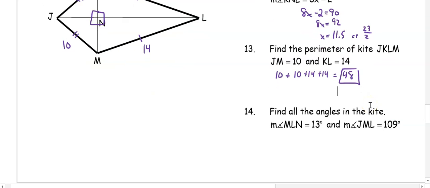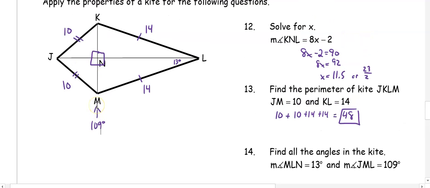In the last one, number 14, find all measures of the kite angle MLK. So this angle is 13 degrees, and JML, this whole angle, is 109 degrees. So if I know that this is 13, it's bisected, so both of them are 13.